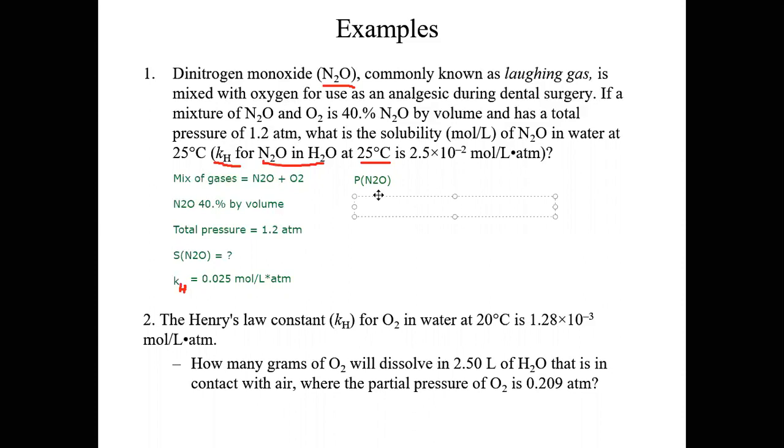So now we have to remember that from Dalton's law of partial pressures, pressure of oxygen plus pressure of N2O equals total pressure. And we know that N2O is 40% by volume, so 40% of the pressure is going to be N2O.